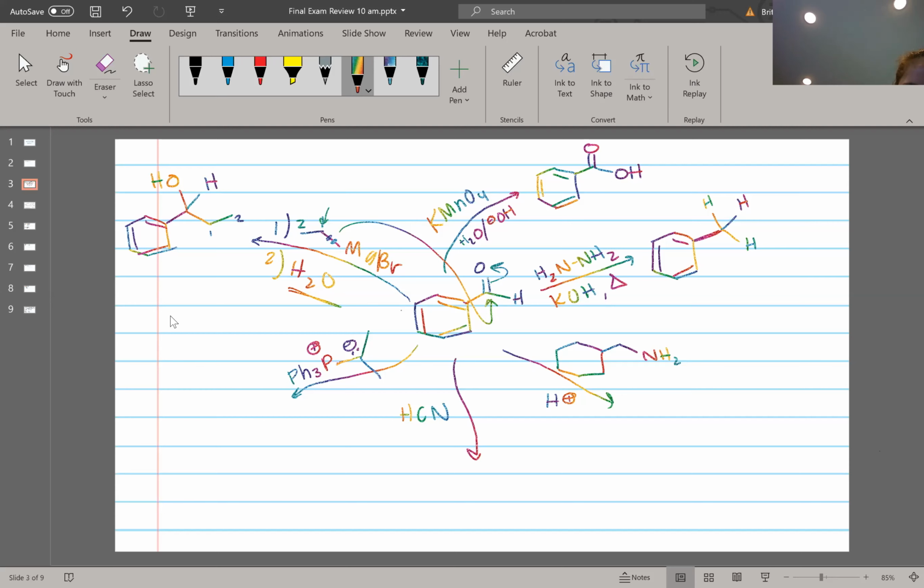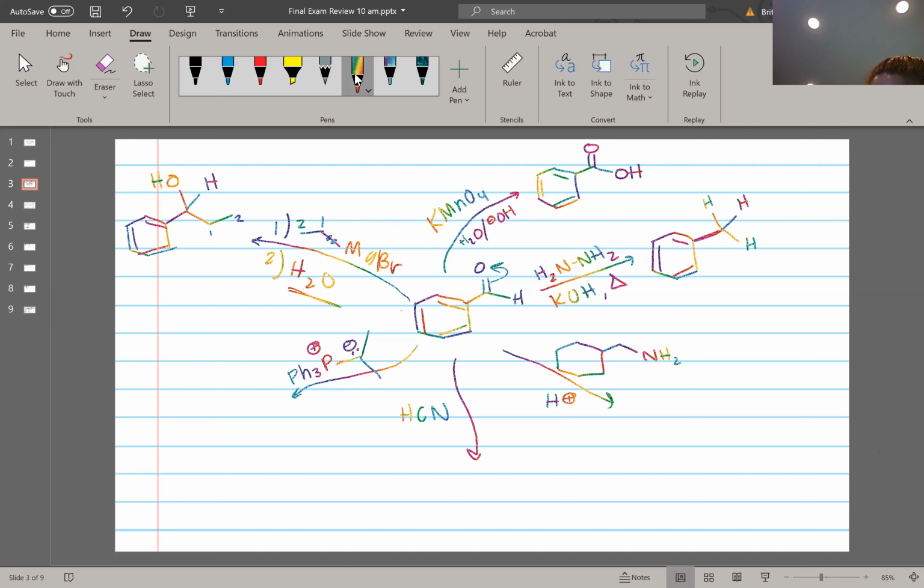What about this arrow here? What is this one doing? Is that one kind of acting like Grignard because it attaches that also? Yeah, definitely. The first step is kind of like how Grignard works, but this reaction goes a little further.